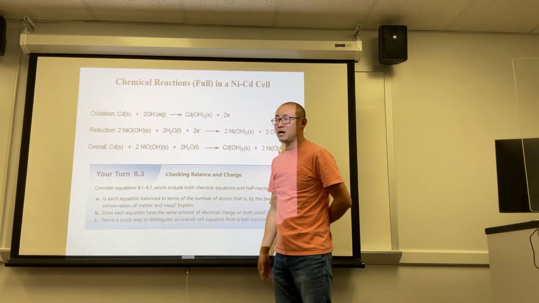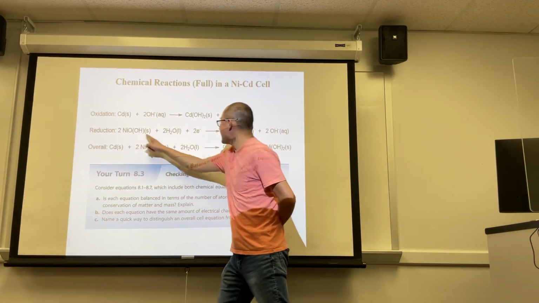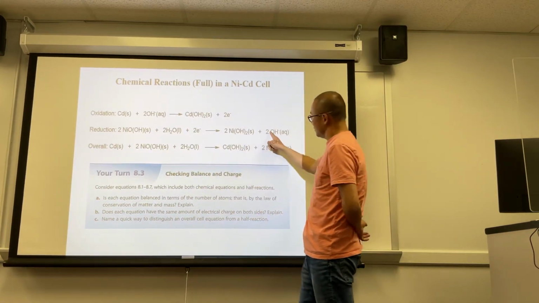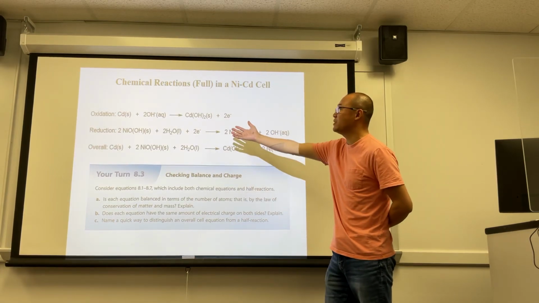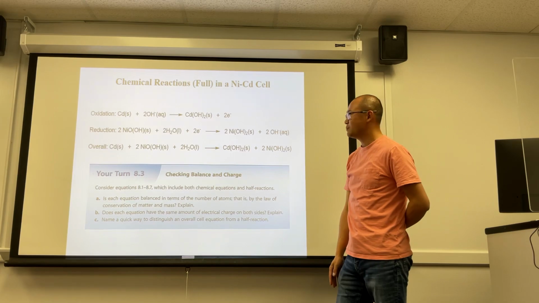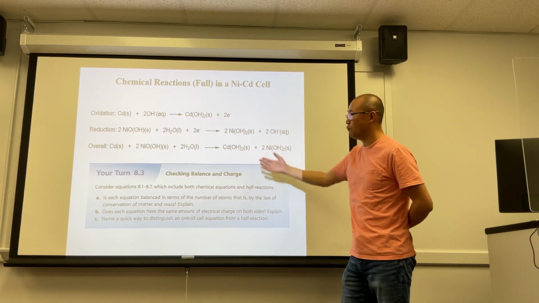The same for the bottom one. 2 nickel, 2 nickel. 2 hydroxide, 2 hydroxide. 2 water, 2 oxygen. I'm sorry, 4 hydroxide. And if you add the hydrogen and oxygen, you will see they are all balanced as well. Okay, all balanced. And the same for the overall, because you add these together, you get the overall.